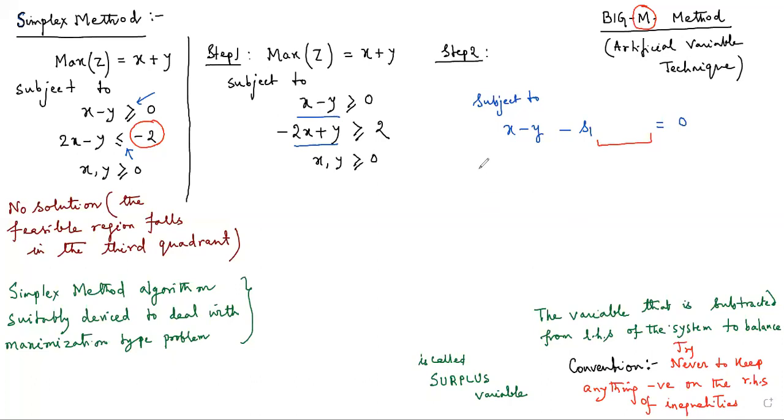Now the second one, we write minus 2x plus y, and another surplus variable will be added, that is minus S2, which will be equal to 0. And you see that it will be better if I write the equality, this particular portion, a bit further from the system.